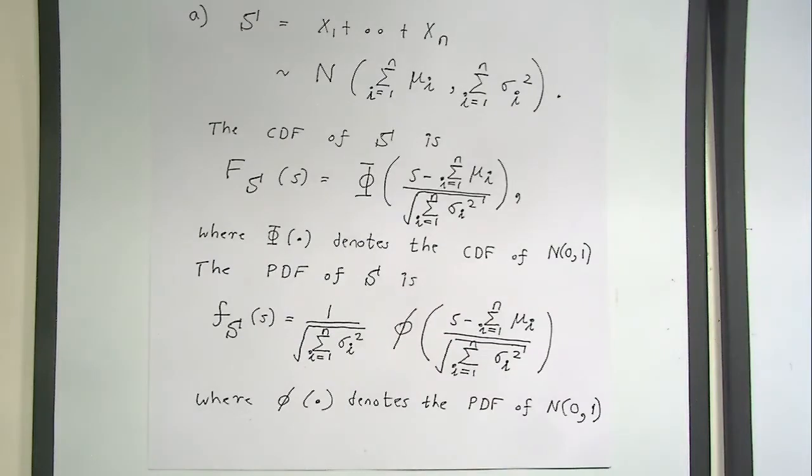Do you see what I've done? I'm sure all of you know that the sum of independent normals is normal, and therefore the CDF is this and the PDF is this. Capital phi denotes the standard normal CDF and little phi denotes the standard normal PDF, right?